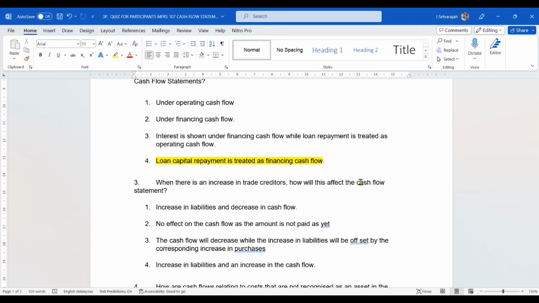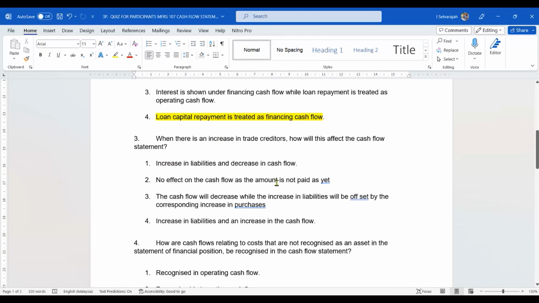So you cannot normally put loan repayment interest under financing cash flow. Better to put it under operations. Now, of course, there is no hard and fast rule. The argument is the money came out of the operations to pay the interest. The loan was for the operation. So it came out of operation. But the loan cannot be part of operations. Okay. Very tricky. But that is to massage our brains.